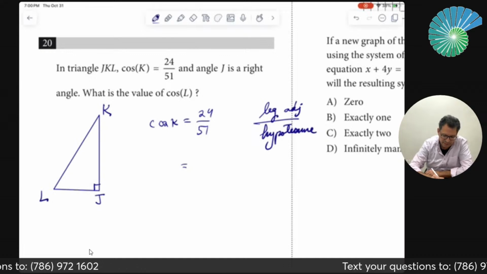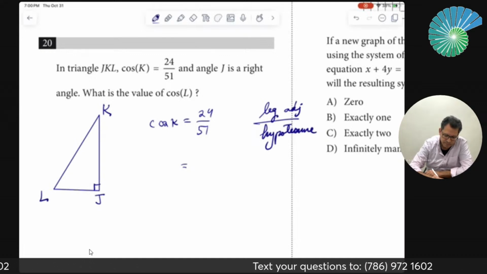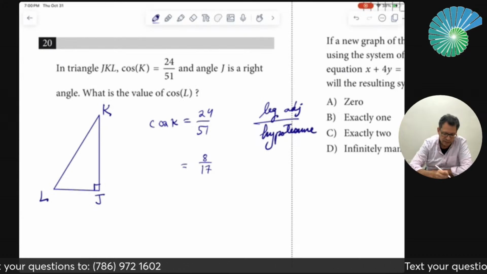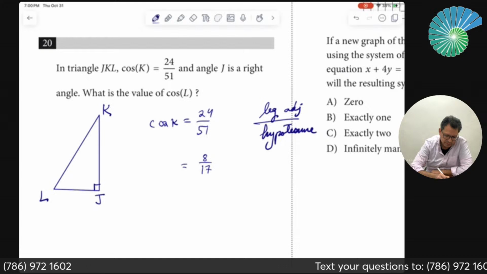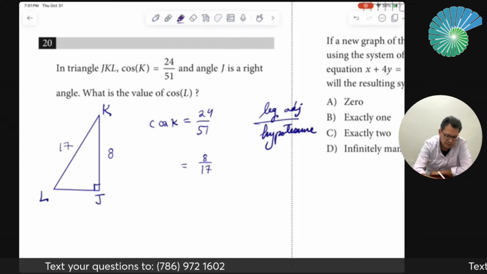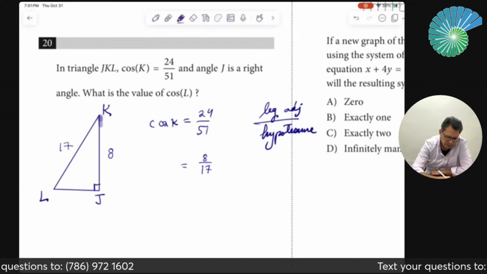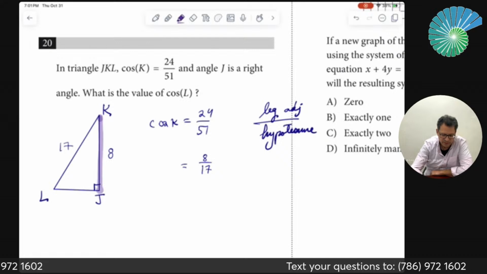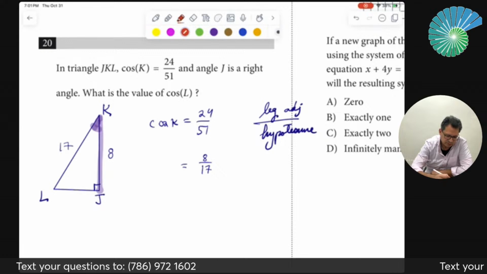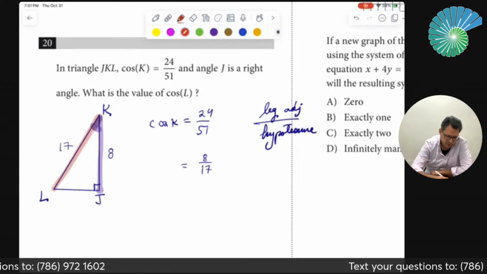If I divide both the numerator and the denominator by 3, I get 8 over 17. And I'm going to say that this is 8 and this is 17, because KJ is the leg adjacent to angle K, and then obviously the hypotenuse is KL.